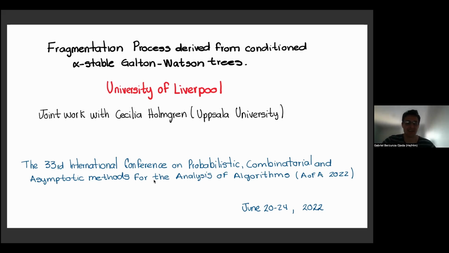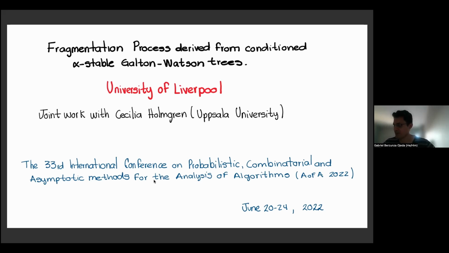And yes, I will talk about, as the title says, fragmentation processes that one can construct by, let's say, destroying stable Galton-Watson trees. In fact, the motivation of this work started because we wanted to study Bernoulli bond percolation on these alpha-stable Galton-Watson trees and understand the sizes of the connected components.